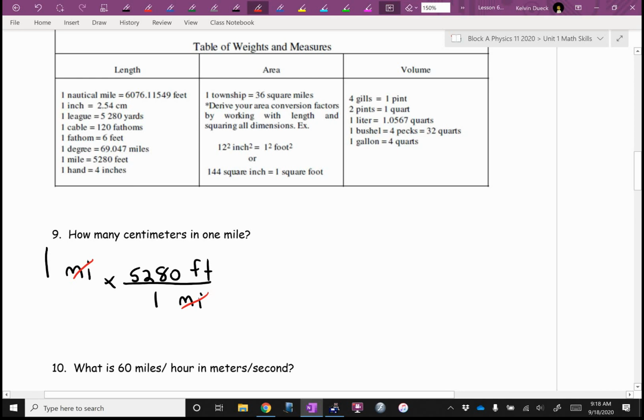Okay, somehow I need to get this into inches, and I'm gambling because you've grown up fairly close to the US and that because you watch mostly American television, that you probably have memorized how many inches are in a foot. If you know the 12, I can pull that out of my brain without needing a chart. So I'm going to then go, okay, feet, inches, 12 inches is 1 foot.